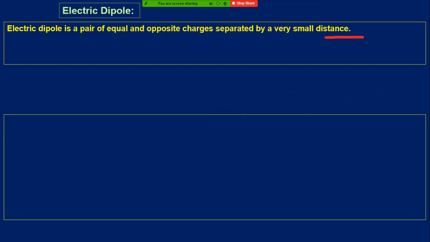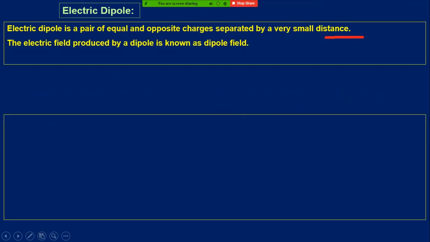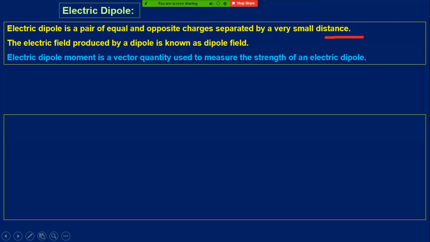An electric dipole is a pair of equal and opposite charges separated by a small distance. The electric field produced by a dipole is known as the dipole field. Electric dipole moment is a vector quantity used to measure the strength of an electric dipole.